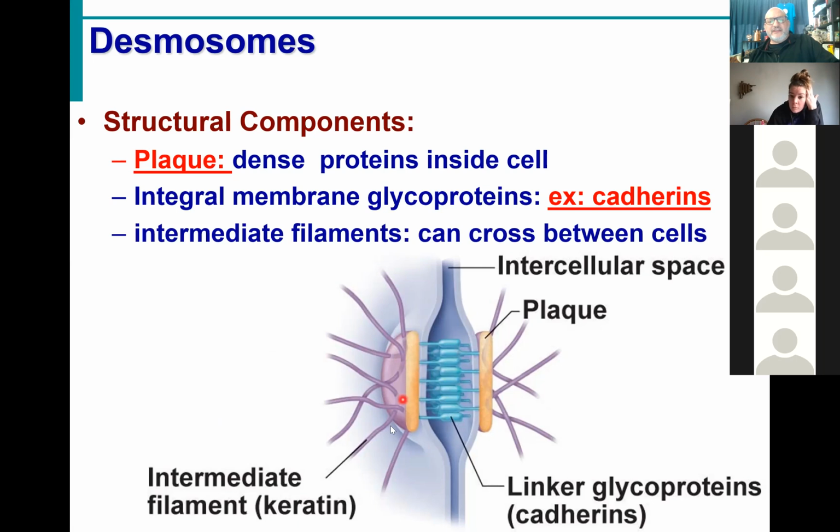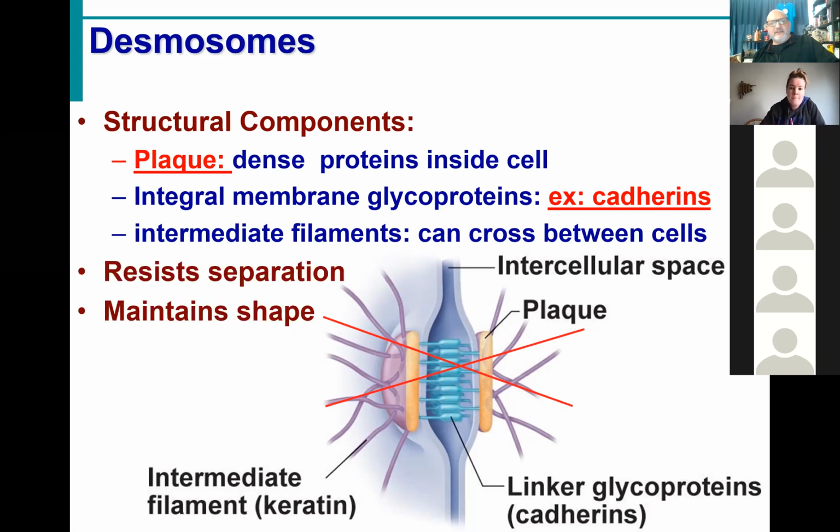And then here we see the intermediate filaments coming in and anchoring it together as well. And like I said, the one thing this doesn't show is that some of these intermediate filaments will go from one cell actually over to the next. All right. And so, like I said, skin, cardiac muscle, great examples of places where we might want this.